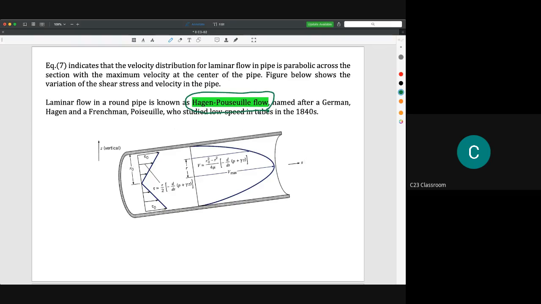Please be careful, because this diagram is showing the shear stress, not the velocity distribution. The velocity distribution will show like this, with the maximum velocity in the middle, but the shear stress distribution will show like this.